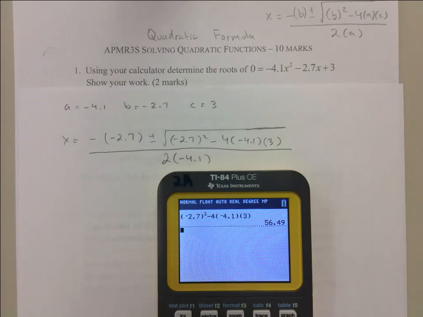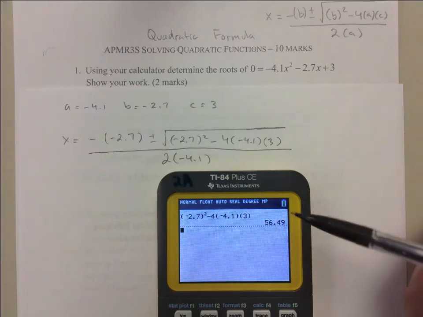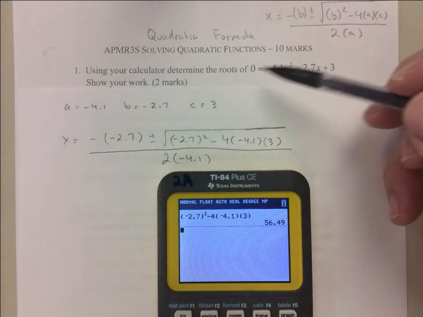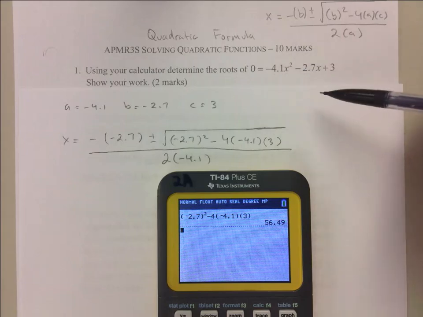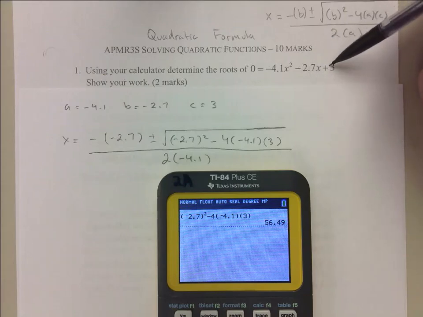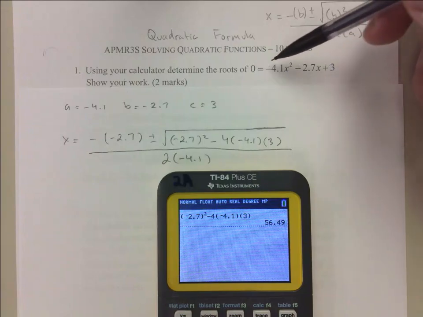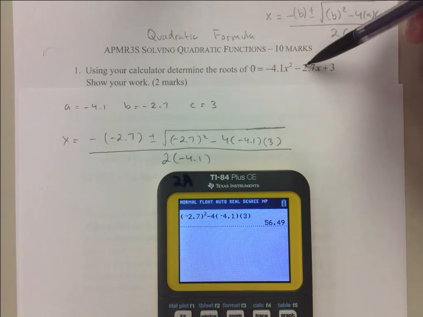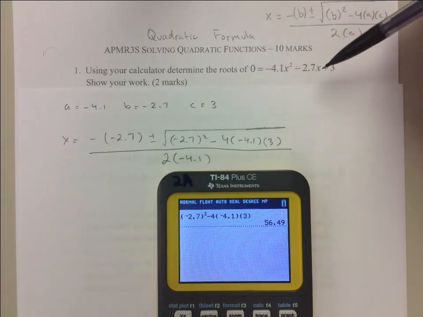What's that? Flip the numbers to the 0. Oh, like bring them all over? You can, and then every single sign is going to be different, but you and I will get the same final answer. Because saying that 0 is equal to this, or this is equal to 0, it is actually the same thing.